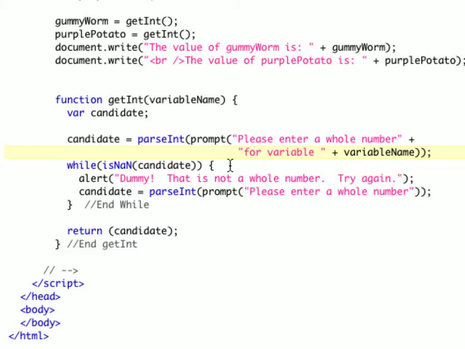Okay, so now when we run this function, when it prints out variable name, it depends upon what we pass in for variable name. So let's make sure that we have this on both lines.